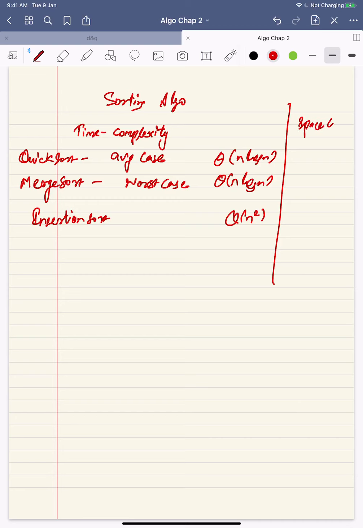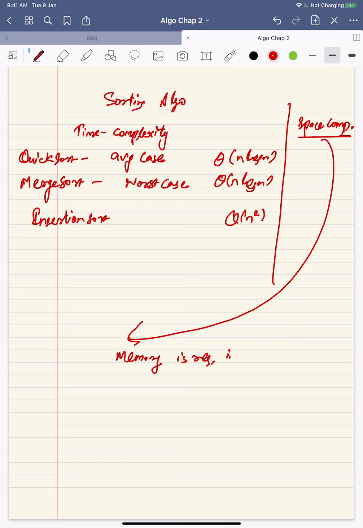But apart from time complexity, you can also talk about space complexity. Just so that this term is clear, what is the space complexity? That generally takes care of how much memory is required in terms of input size.